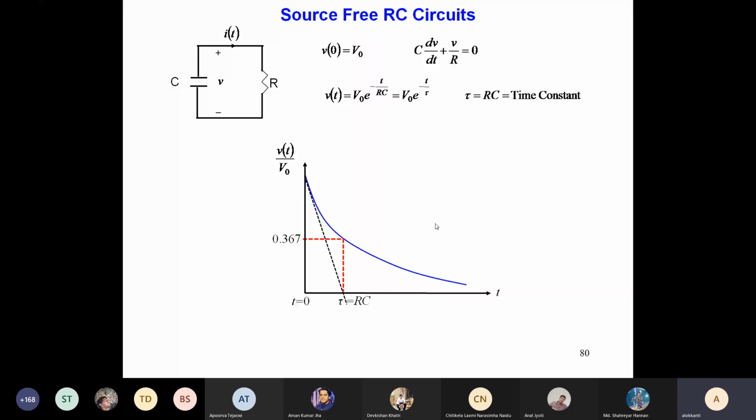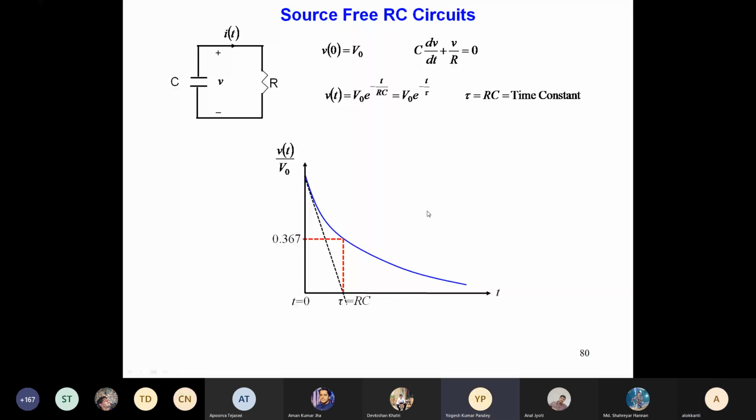Physically, it means if the decay rate at the initial time is followed, at what time it will become equal to 0. But in many books, you will find that the time taken to reach 36.7% of the value and all those things are given, which is not a correct definition.